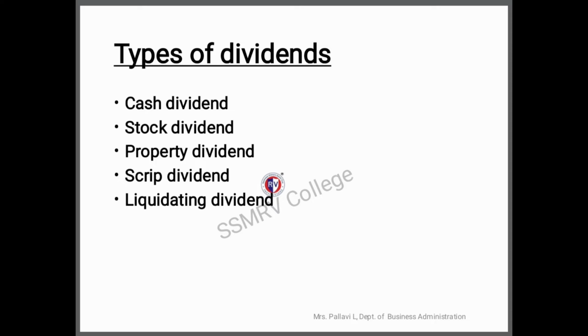Okay, and the last one is liquidating dividend. When the board of directors wishes to repay the capital originally issued by or invested by the shareholders, then that type of dividend is called liquidating dividend. Usually this type of dividend is paid during the winding up of the company.